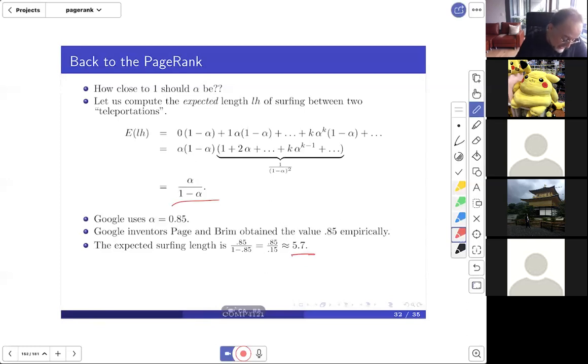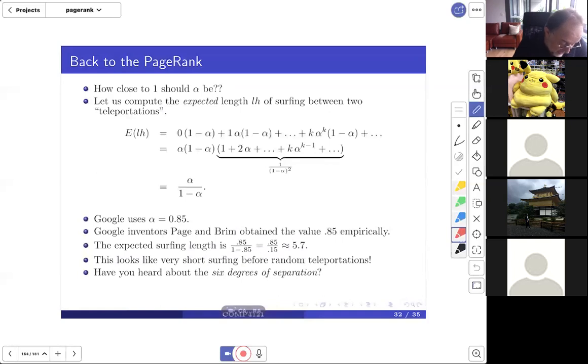But with alpha 0.85, it turns out that the number of iterations to get reasonably stable page ranks is about 50. And if you have a sparse matrix of size 1 trillion by 1 trillion, then 50 iterations, probably we could do more nowadays than when the Google people started.